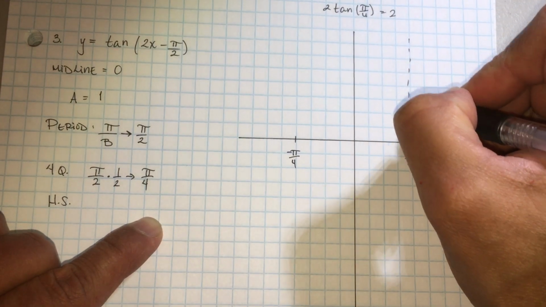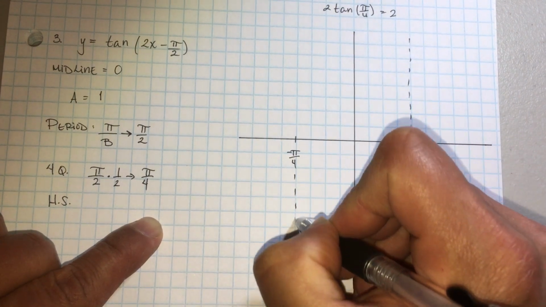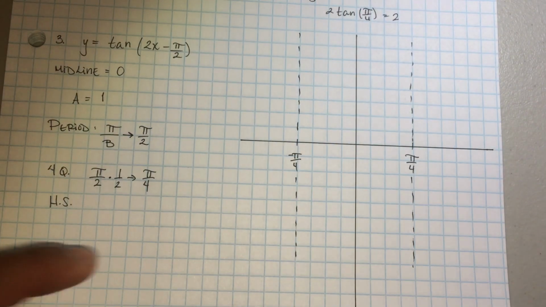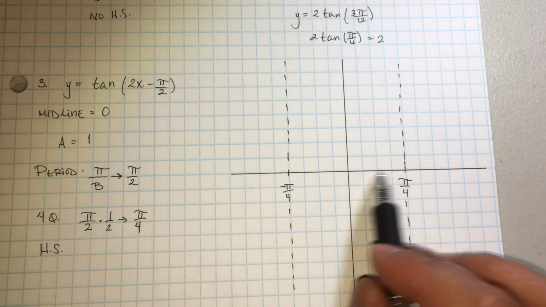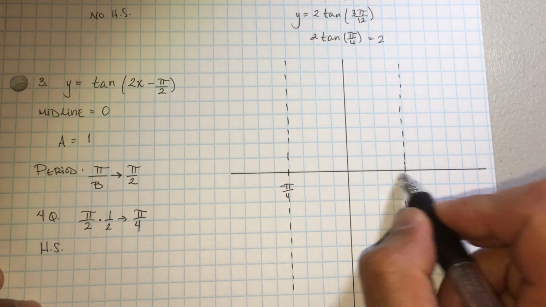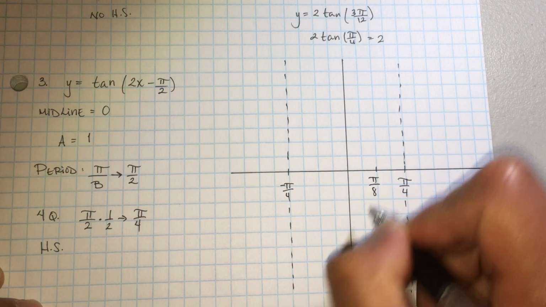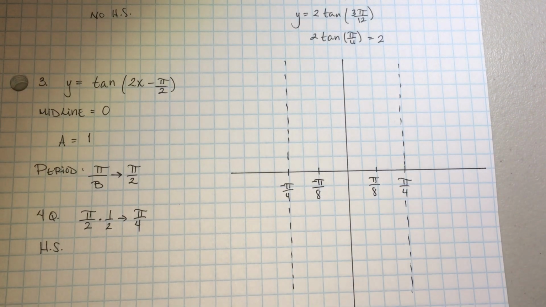And here they are. Okay. Here are my asymptotes. And then from there, what's half of this guy? Well, you multiply this guy by 1/2, so then it's going to give you pi over 8. That means this guy over here is going to be negative pi over 8.